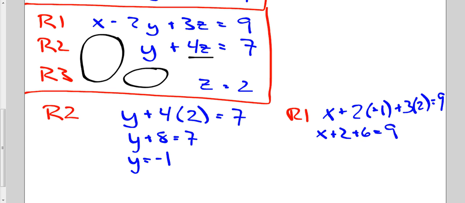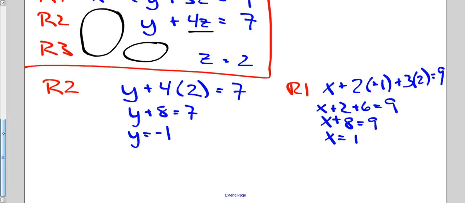Did I do that right? So x plus 8 equals 9, x equals 1. So now I figured out all 3 of my variables, right? I found the solution to this system of equations.